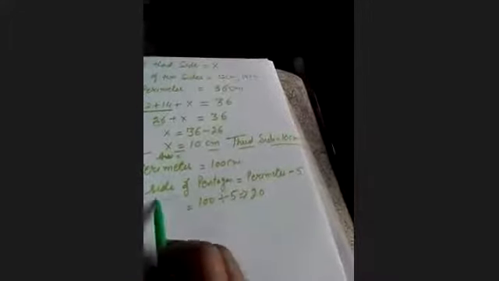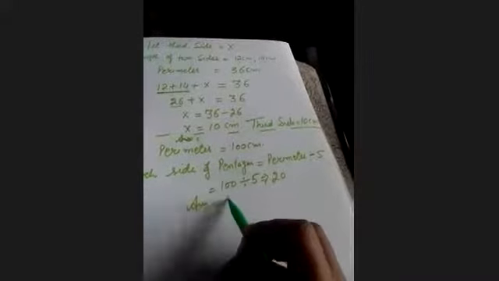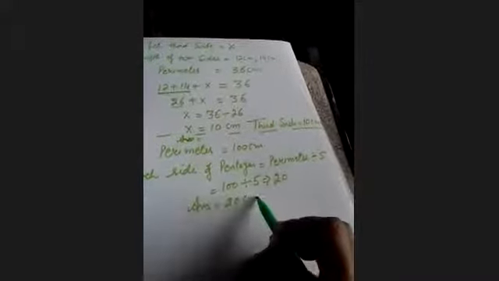Perimeter is 100, divide by 5, we get 20. So each side of this regular pentagon is 20 centimeter.